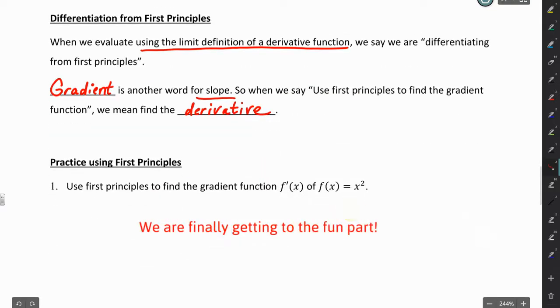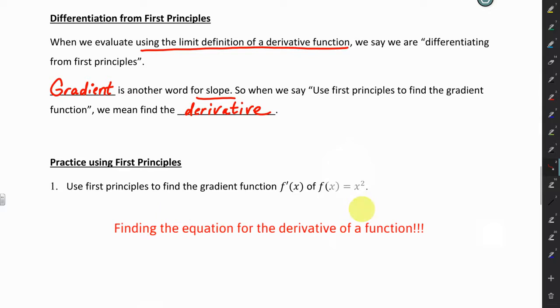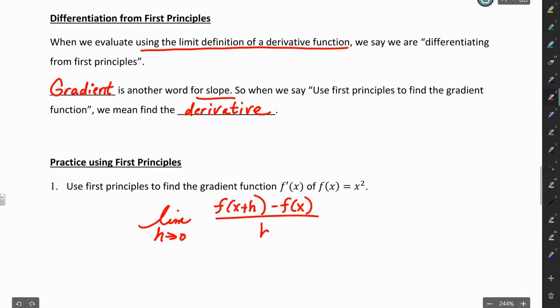Okay, so use first principles to find the gradient function f prime of x for f of x equals x squared. We're going to use the limit definition, and we're going to write it down first. Now, when we use the limit definition, we need to know what f of x plus h is. Well, we know f of x is equal to x squared. I'm just going to write that over here. f of x, we're given, is equal to x squared.